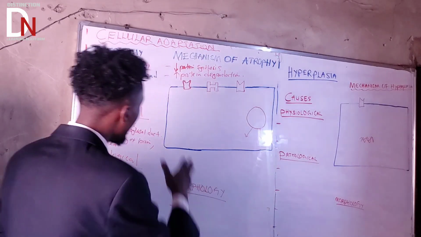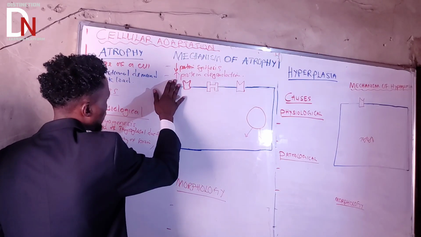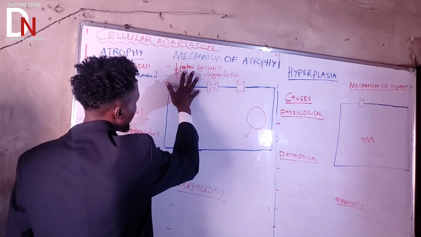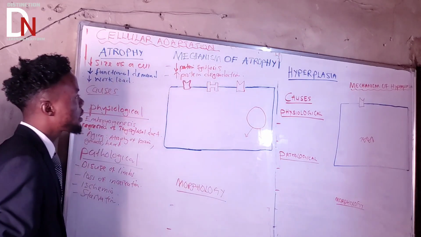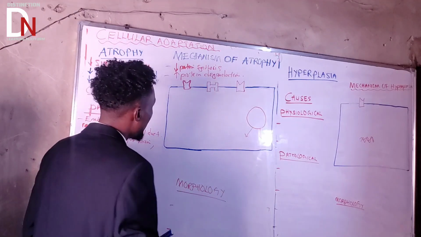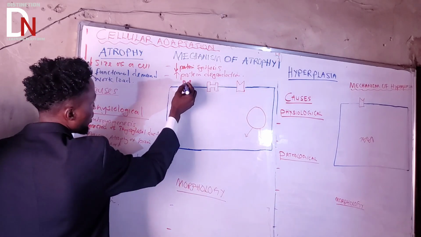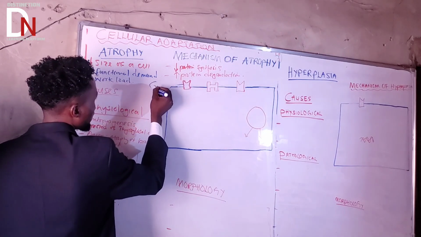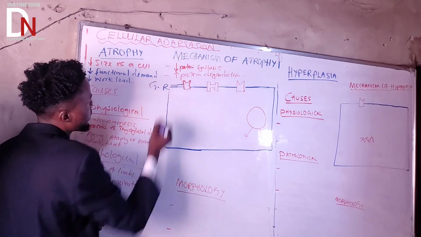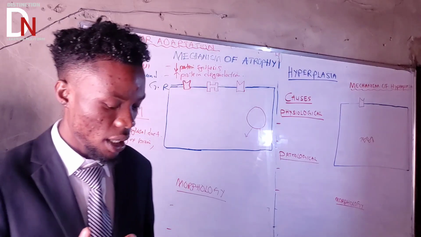Now, this is just the overview of how a cell can undergo atrophy. Now let us look at the cellular mechanisms leading to decreased protein synthesis and increased protein degradation. Okay, let us start with this one. Remember that the first receptor, this one, we call the growth receptor, and that's where growth factors bind.